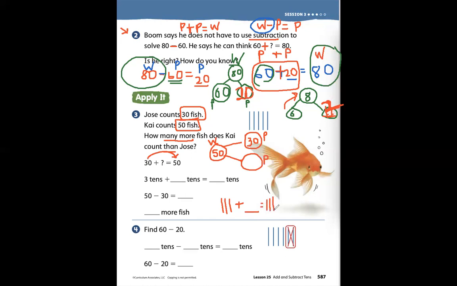So 3, 4, 5. How many tens did I draw here? This is my missing part. Right, 2 more tens. 3 tens plus 2 tens equals 5 tens.